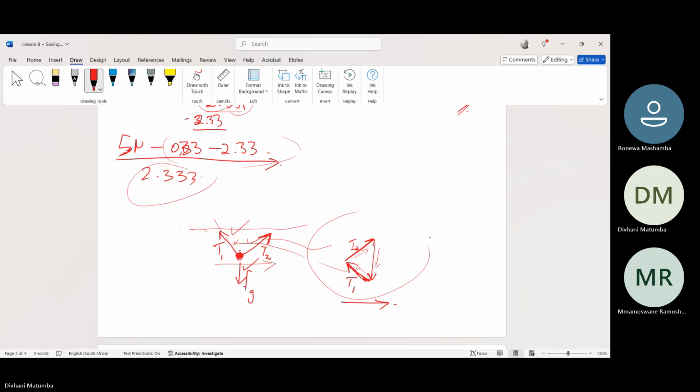Meaning the head of one arrow will join the tail of another arrow, and the head of another arrow will join the tail of another arrow. That is always the case when you are dealing with equilibrium cases.